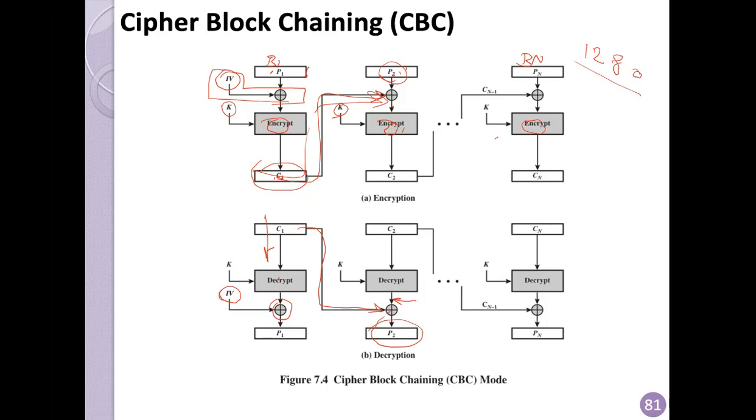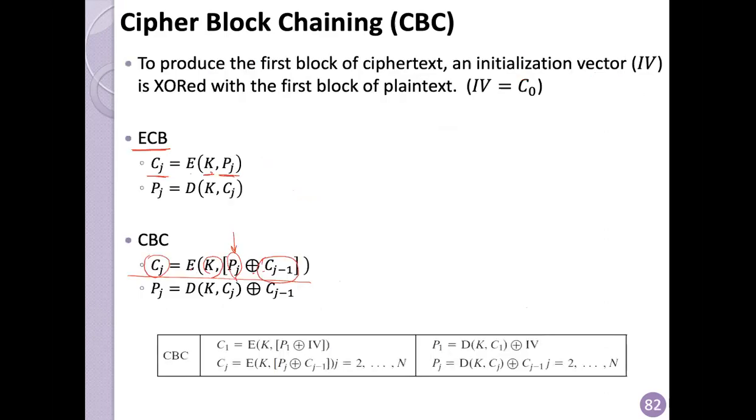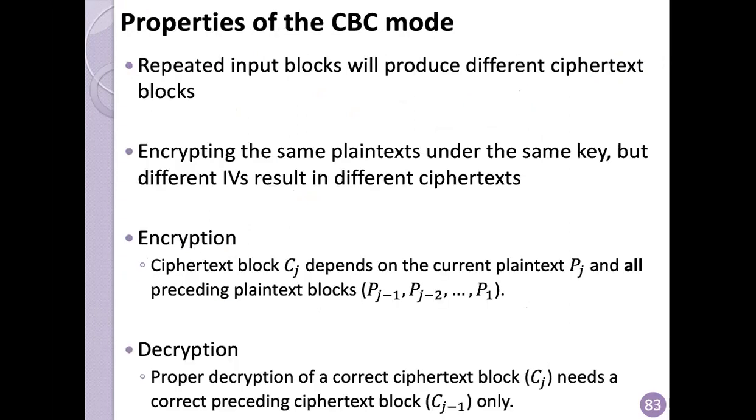We are just coming up with an architecture of cascading, and in that architecture, you see how we are chaining different blocks, and this chaining is good. We'll talk about it. Okay, here is the math representation of the encryption and decryption. And here we have the initialization vector that I'll talk about.